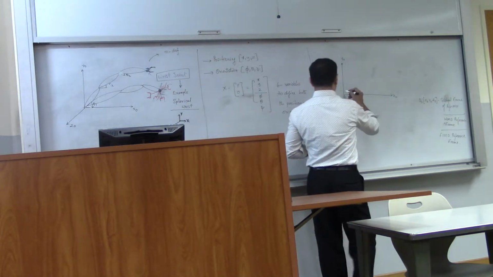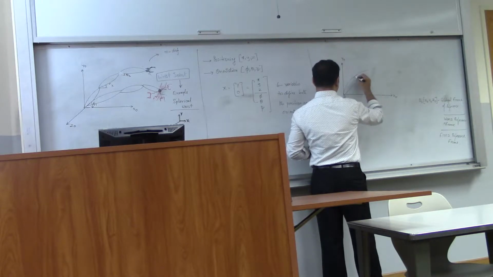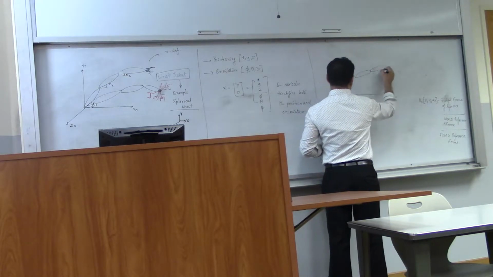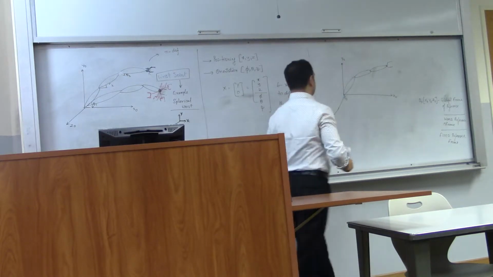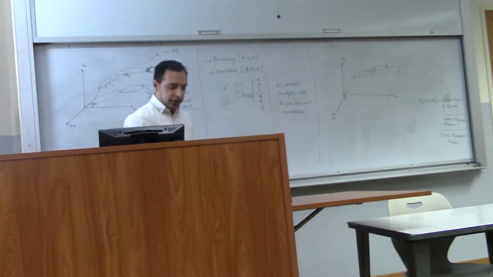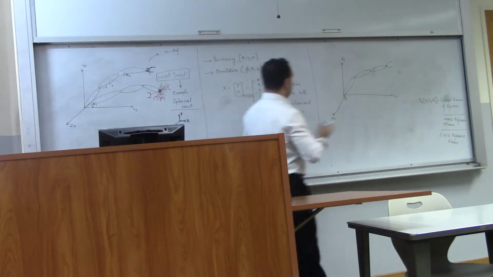Then we have the manipulator. Let's consider a very simple one. So for every joint, what we'll do is we'll associate a reference frame here.